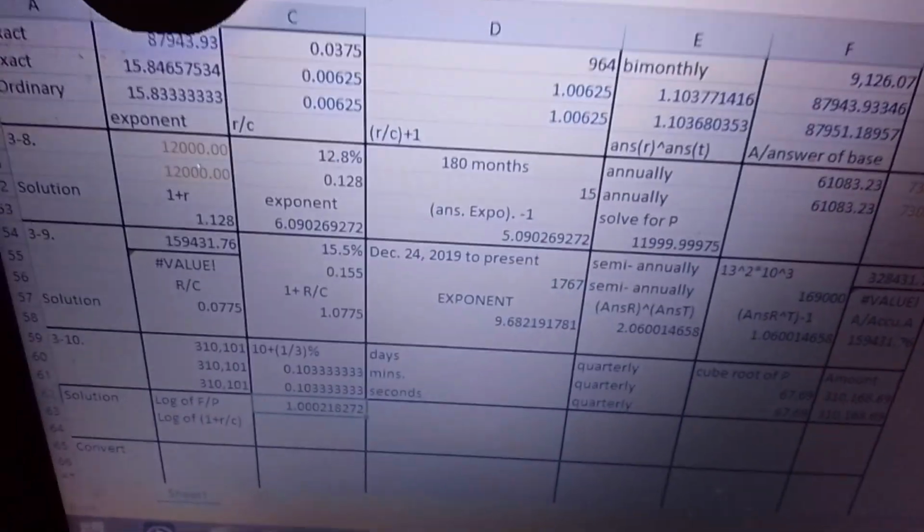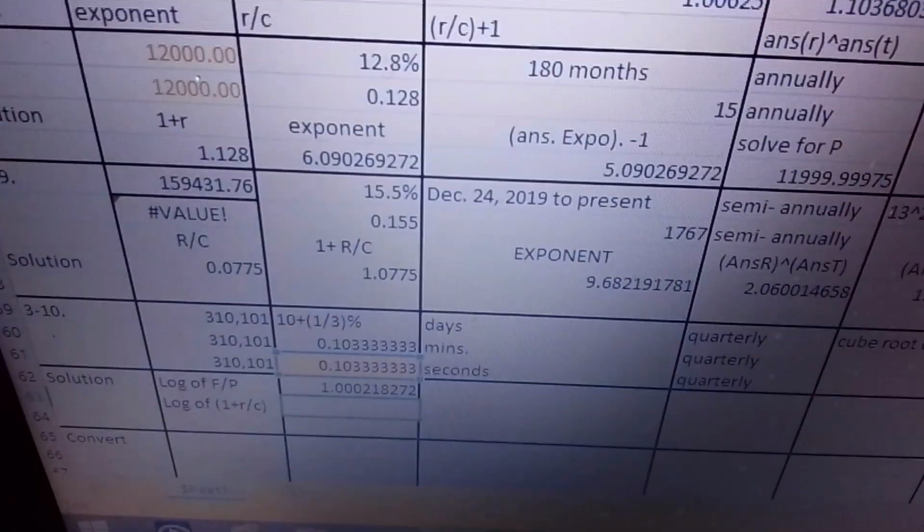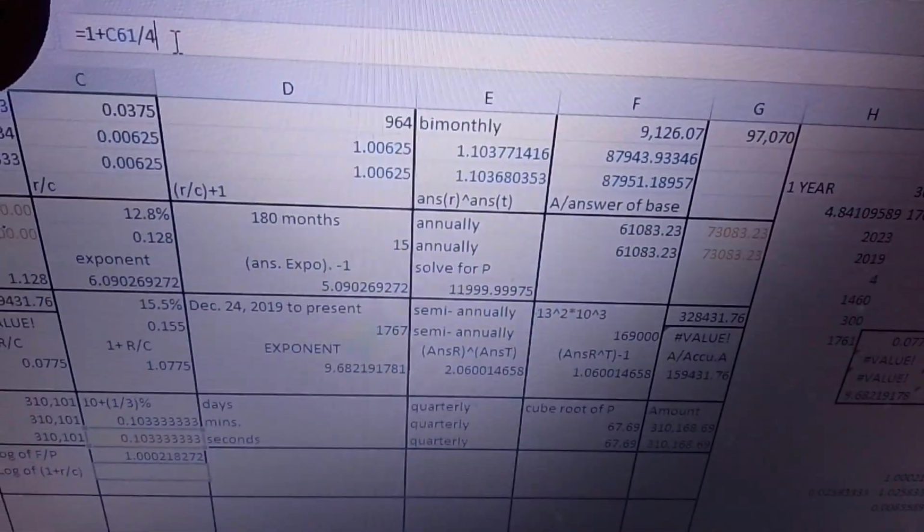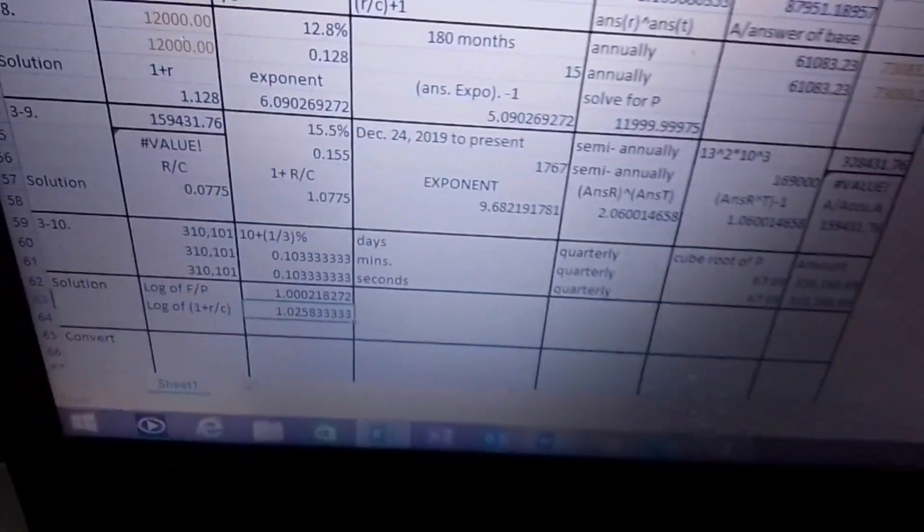And then, di ba remember, we need to simplify whatever's in the R. So, we have to take the log of 1 plus R over C. So, ang ginawa ko ay 1 plus the rate here, and then divide by the compounding period, which is 4. So, dapat we're supposed to get this answer. Yes. Di ba?